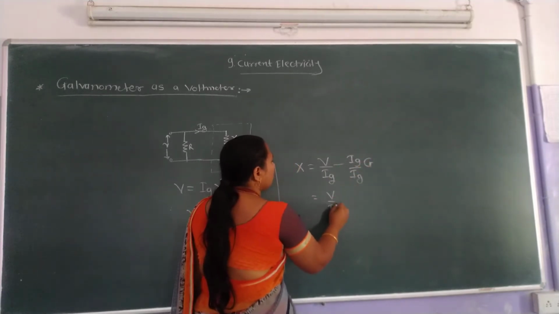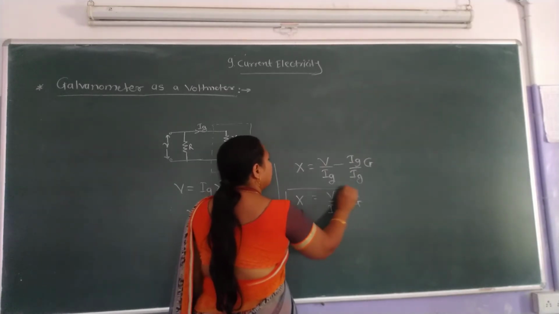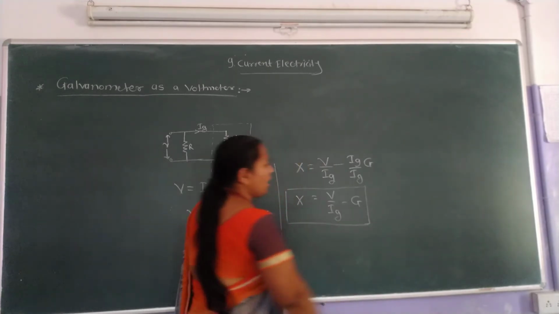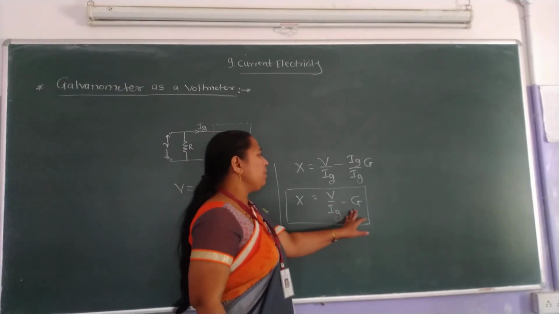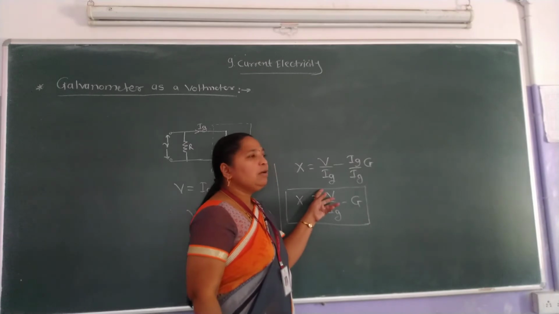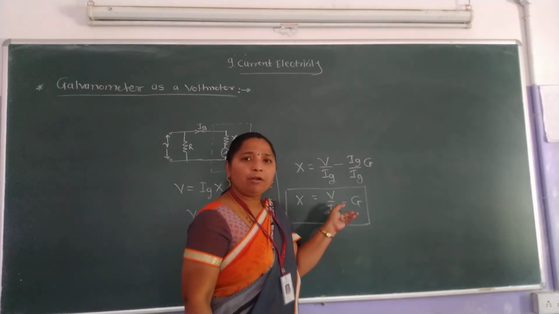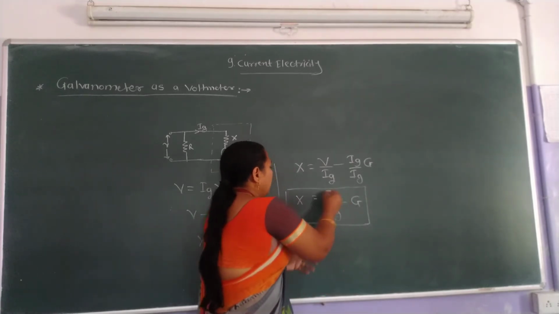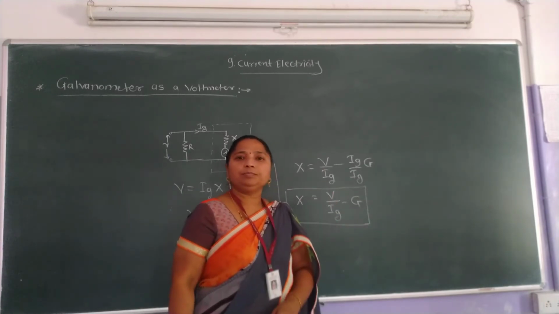Therefore, V upon Ig minus G is equal to X. That high value resistance can be calculated by using that formula. X is equal to V upon Ig minus G, where G is the resistance of the galvanometer, V is the voltmeter range, Ig is the full scale deflection current of the galvanometer. Therefore, X is equal to V upon Ig minus G.